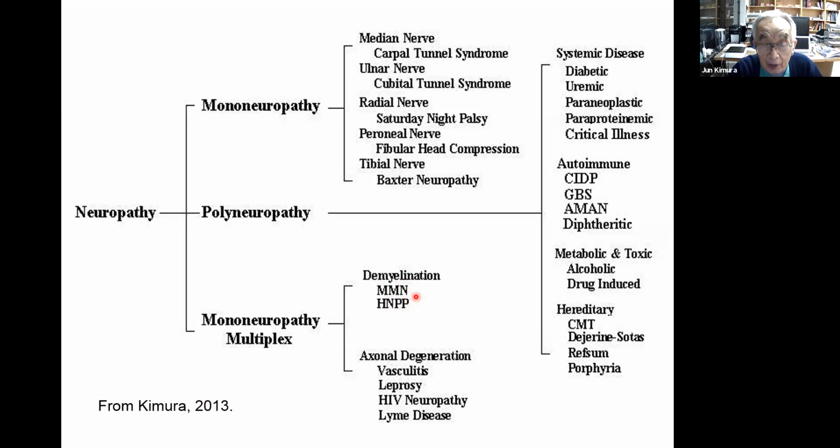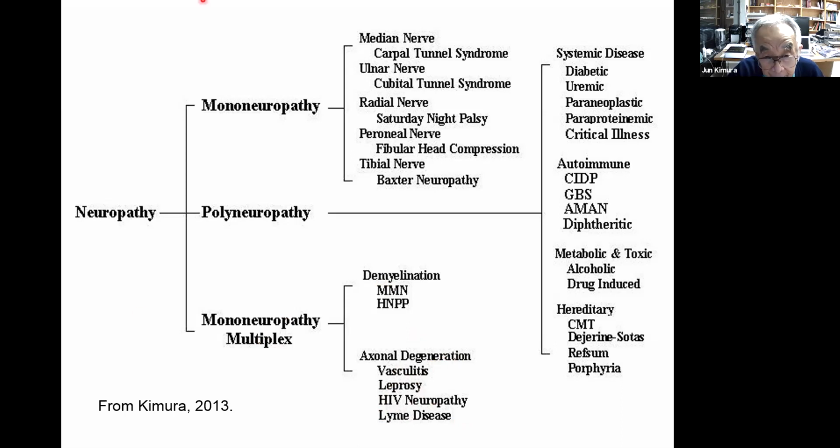Sometimes you cannot tell unless you do good conduction studies. And the axonal type of mononeuropathy multiplex includes vasculitis and leprosy, HIV, and Lyme disease. So this can be divided into demyelinative. It's convenient to divide this into demyelinative and axonal degeneration.